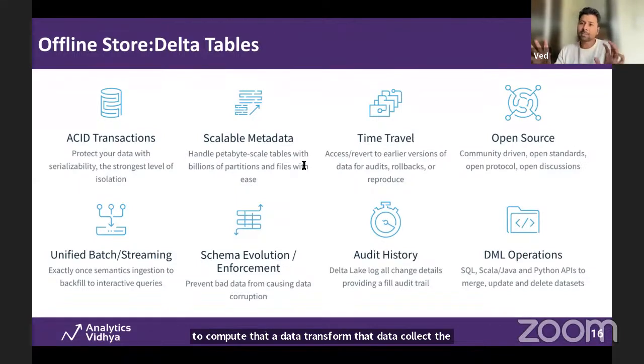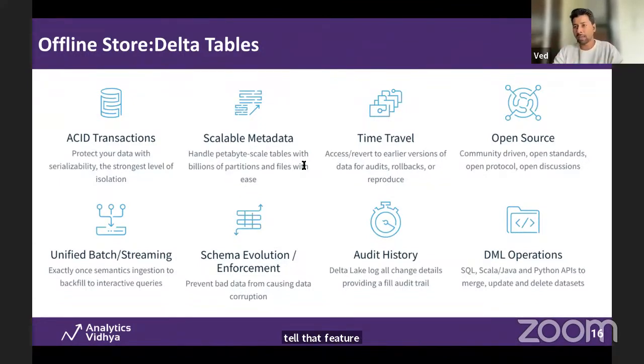All these tasks will be done by the feature store, so the model does not need to worry about that. When you are building a model, you just need to tell the feature store the kind of data that you will need, and this data computation will happen on the feature store itself.